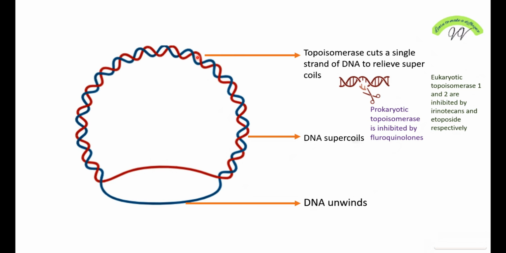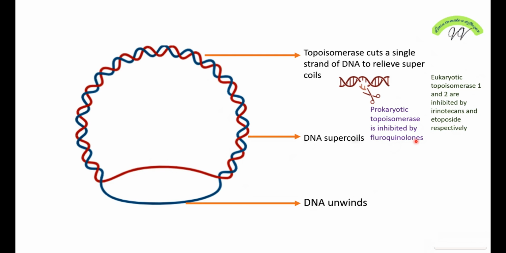We have prokaryotic topoisomerase inhibitors and eukaryotic topoisomerase inhibitors. Prokaryotic topoisomerase is inhibited by the fluoroquinolones, so that the organism cannot undergo DNA replication.